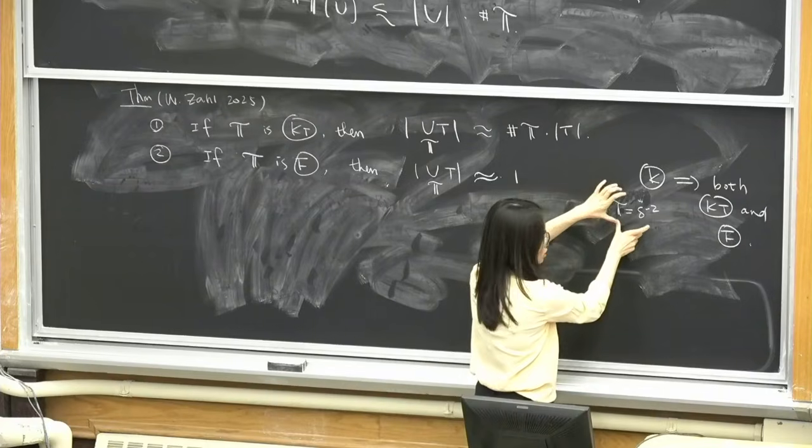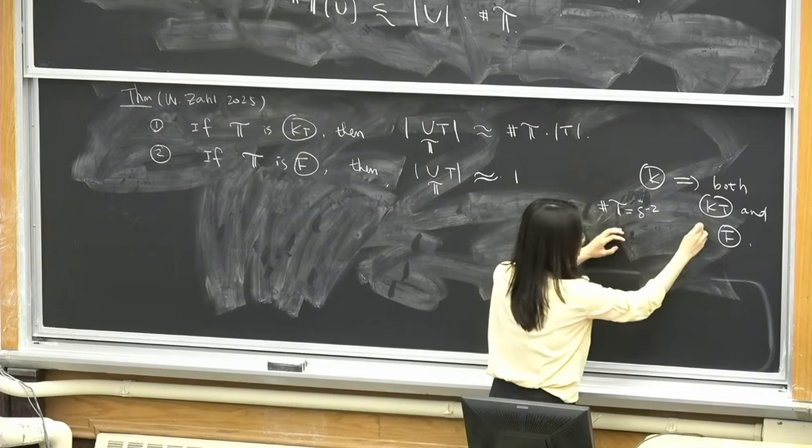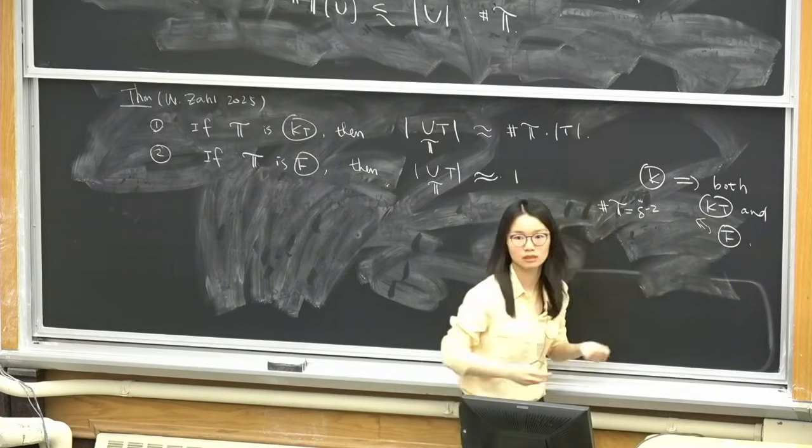When the number of tubes is approximately delta to the minus 2, these two assumptions are equivalent.